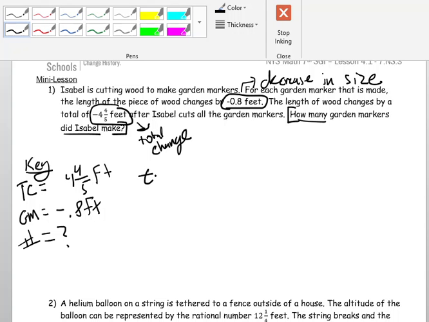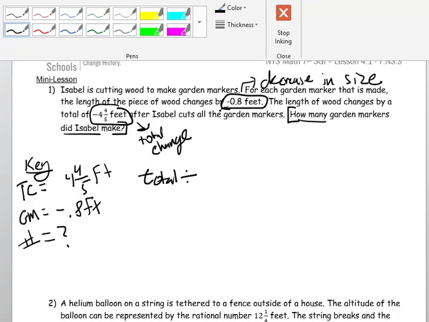So I'm going to do my total divided by my sort of rate of change. So that's going to be the number of garden markers.